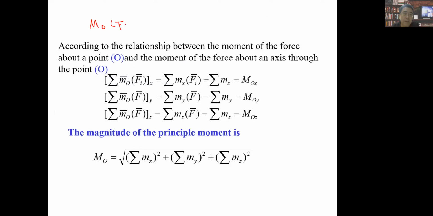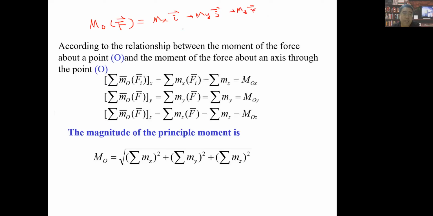It is just a force, and we just consider its moment to a point. This one will be a vector, right? So I can write it like this: Mx i direction plus My j direction plus Mz k direction.